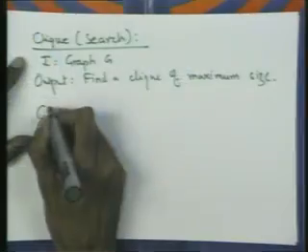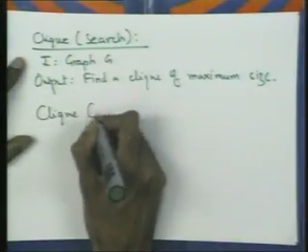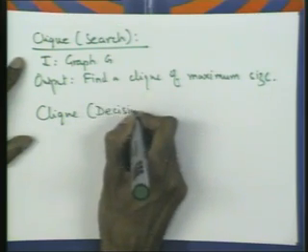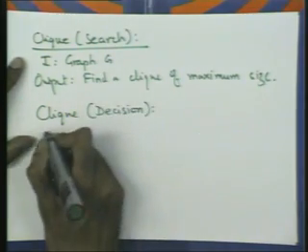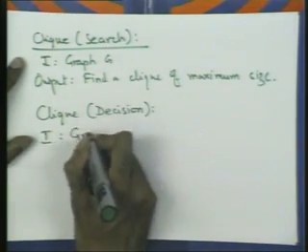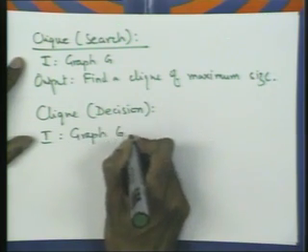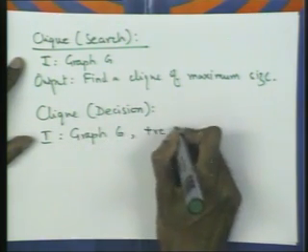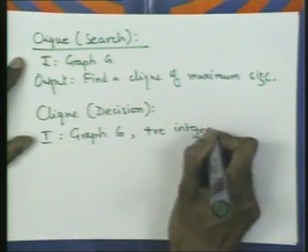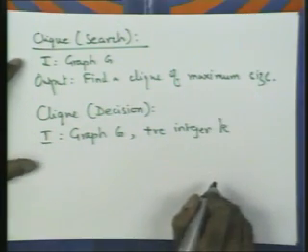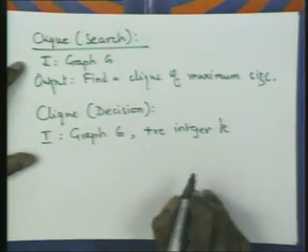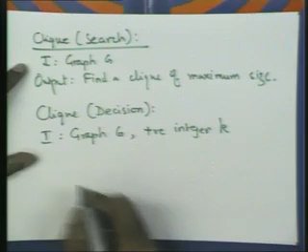Okay, so the decision version is this: Clique. The input is a graph G and a positive integer k. You will see how, or why, k creeps in in a minute.